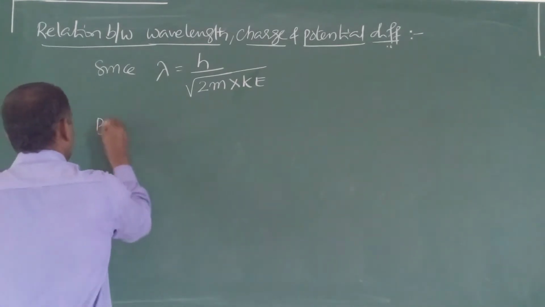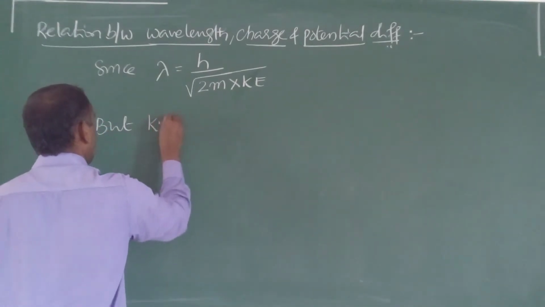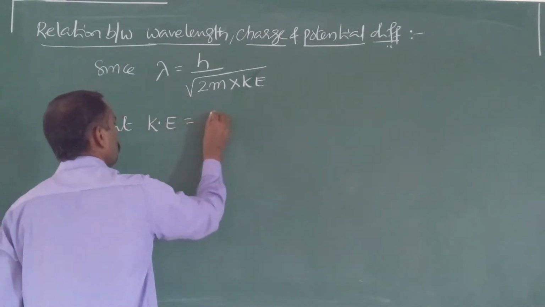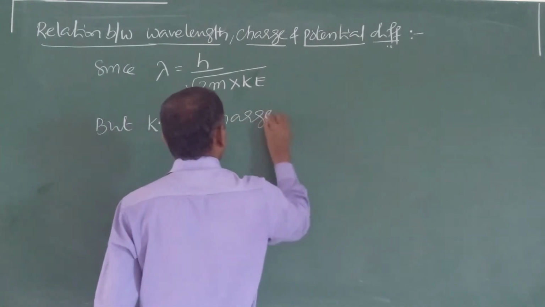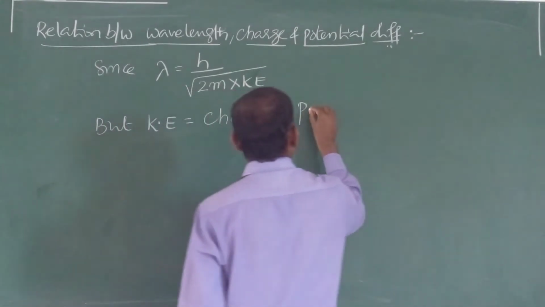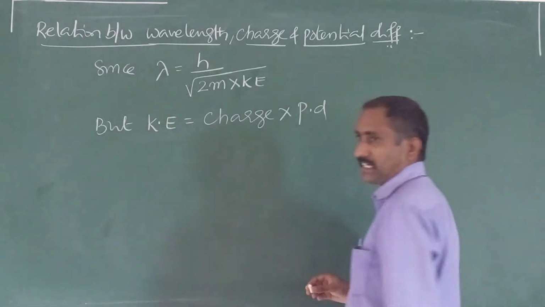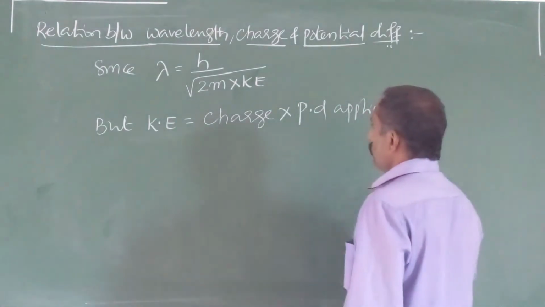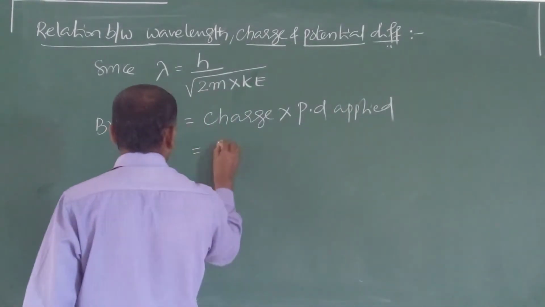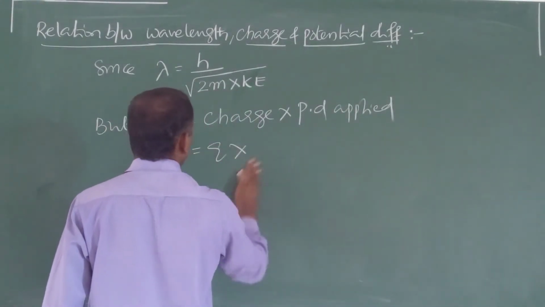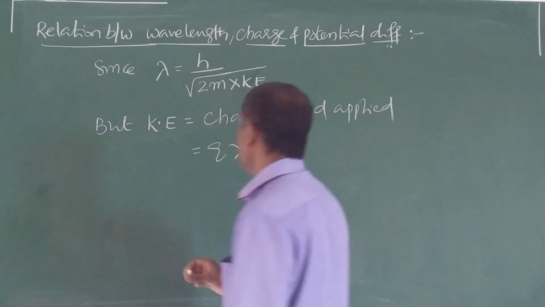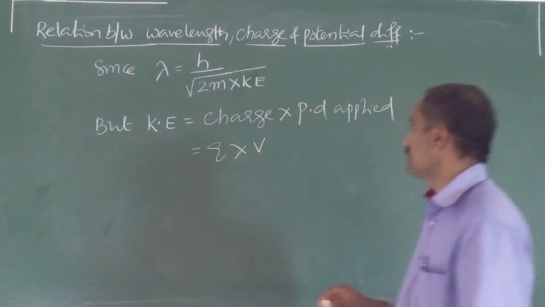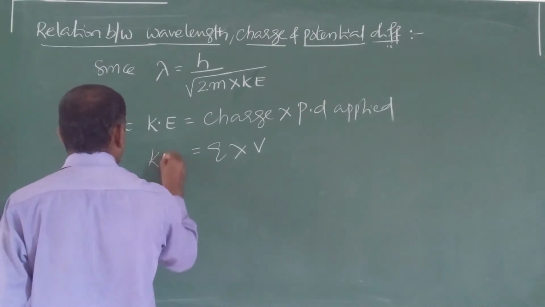But according to the physics concept, kinetic energy K equals charge into potential difference applied. PD means potential difference. The general symbol for charge is Q, and potential difference is represented as V. So this is the kinetic energy.